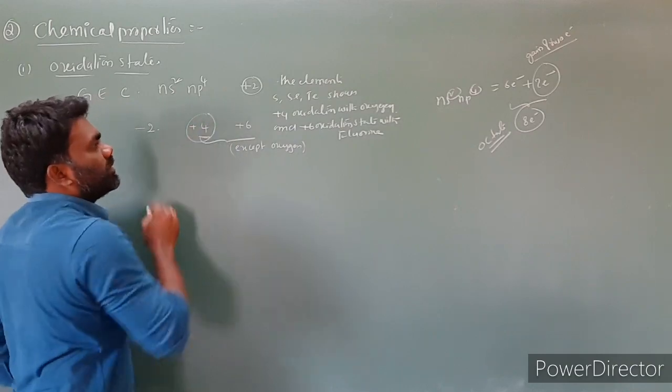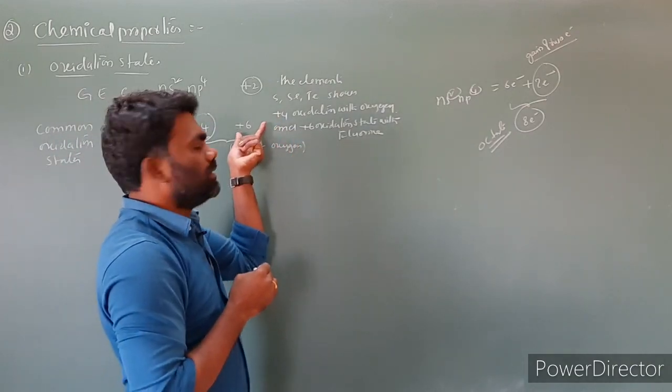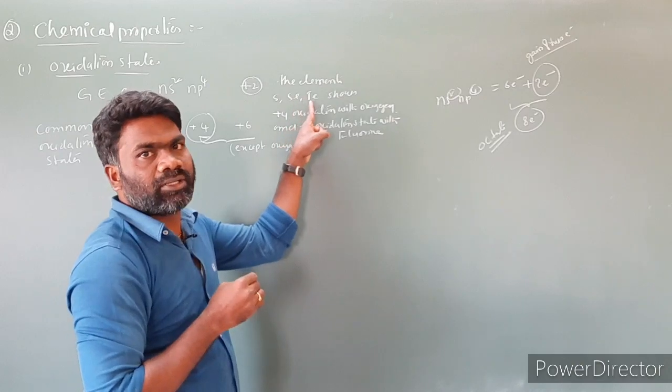This plus 4 is shown with oxygen and plus 6 is shown with fluorine. Those elements are sulfur, selenium and tellurium.